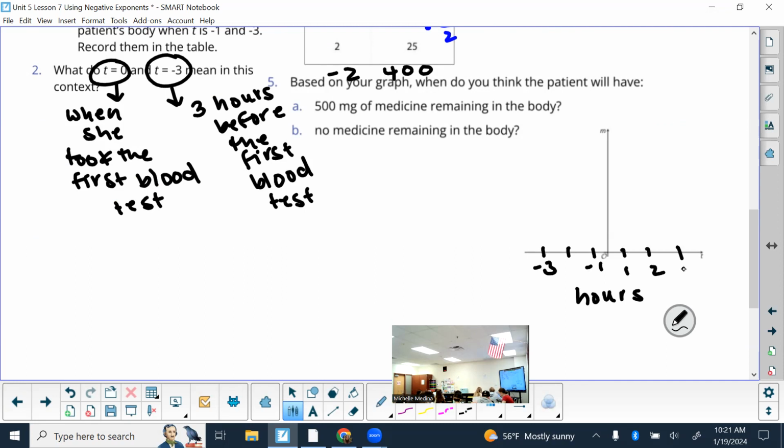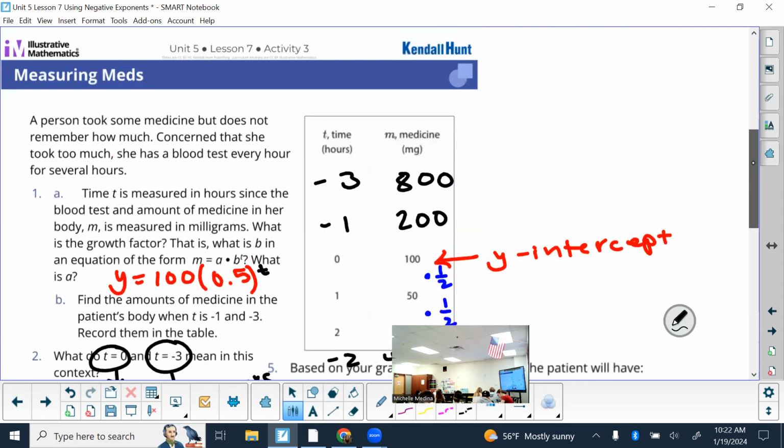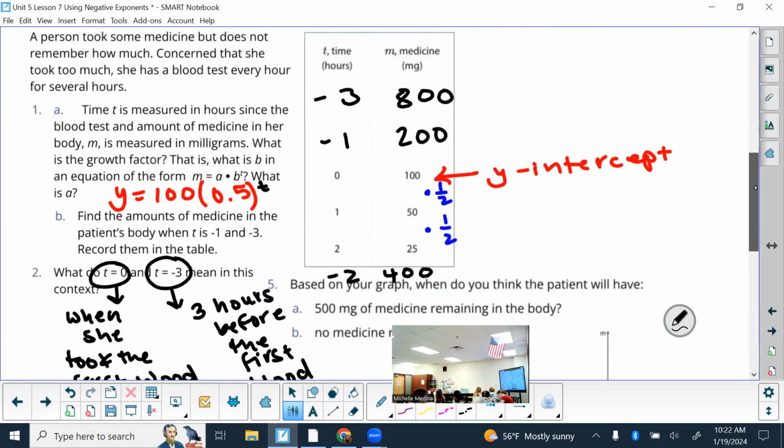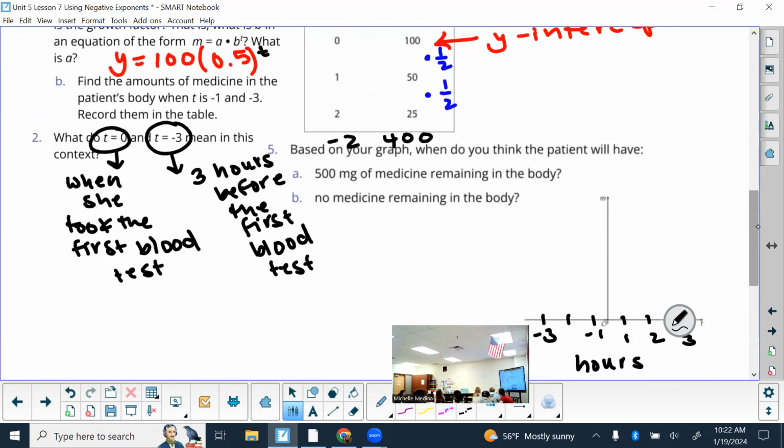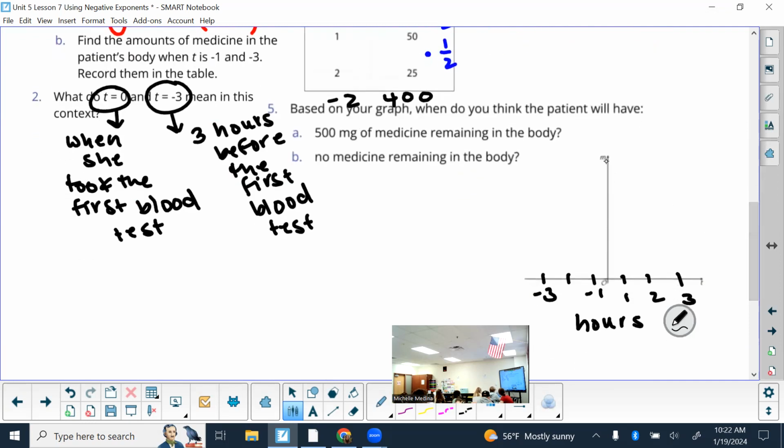I didn't label the -2, but that's fine. And then my biggest Y value is 800. My smallest is 25. So just pick something that is consistent.